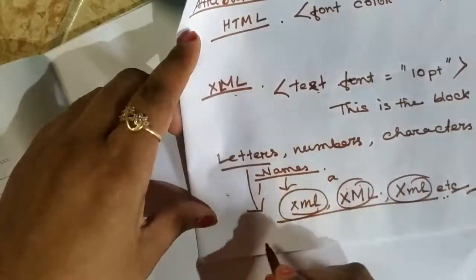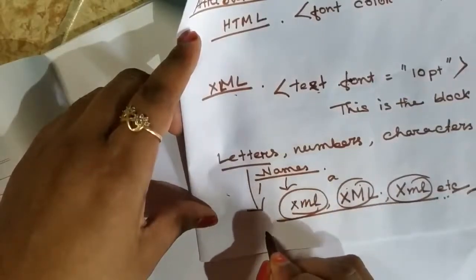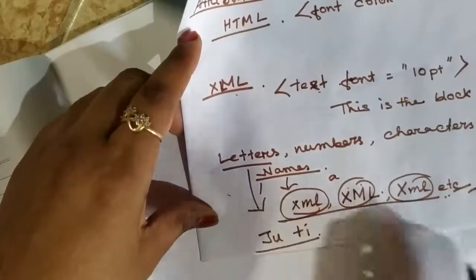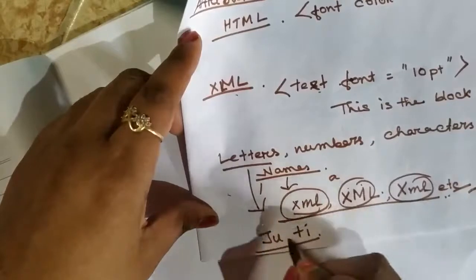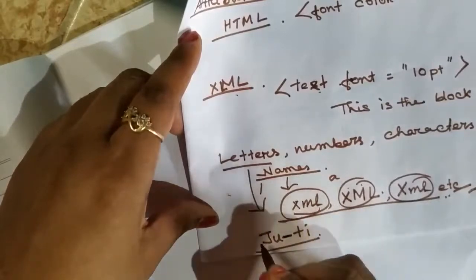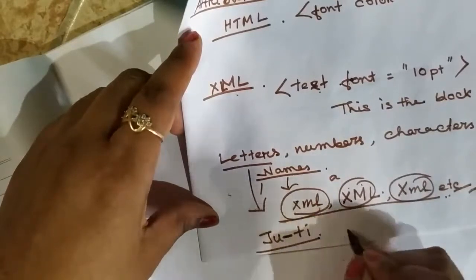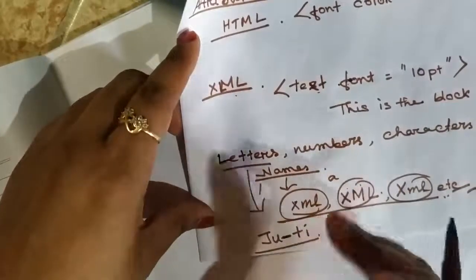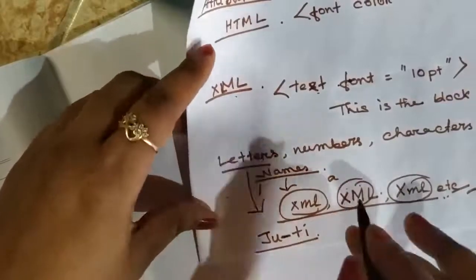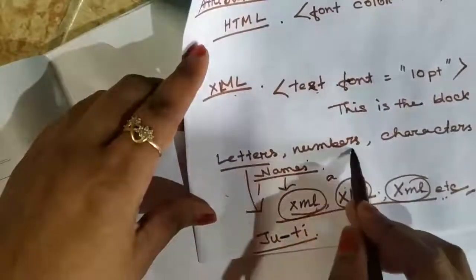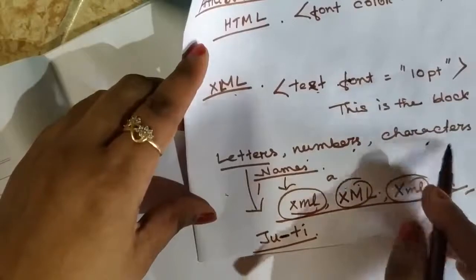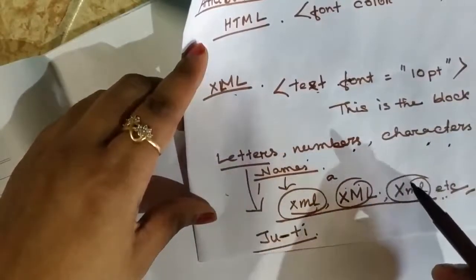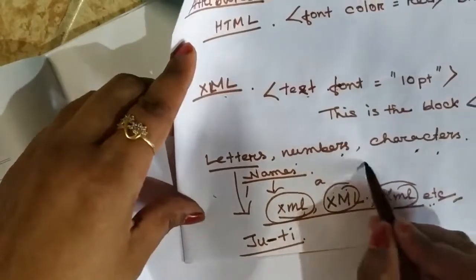Suppose my name Jyoti, you can't give a space between the names. So in XML, these are the element characteristics you have to know: XML names can contain letters, numbers, and other characters, but cannot start with a number or punctuation, like 1Jyoti.